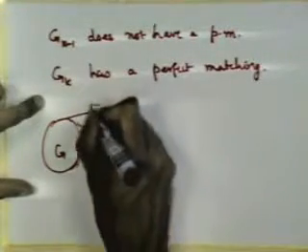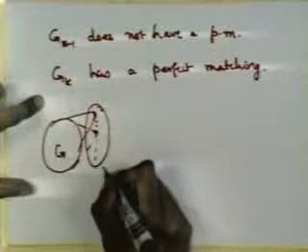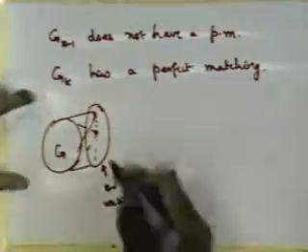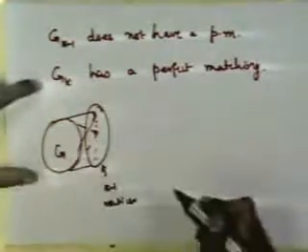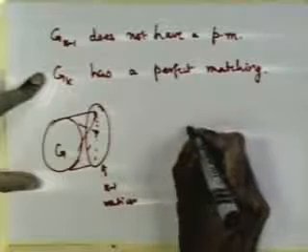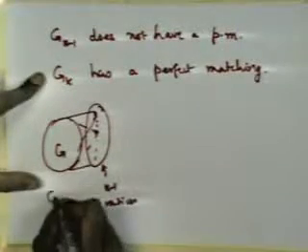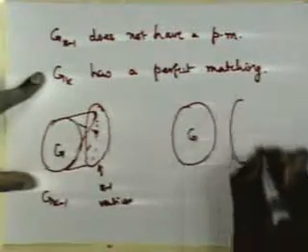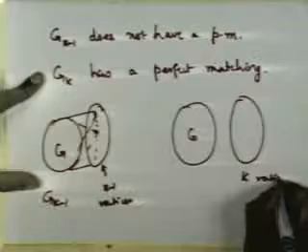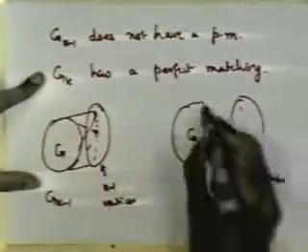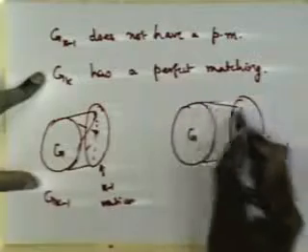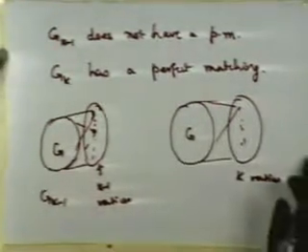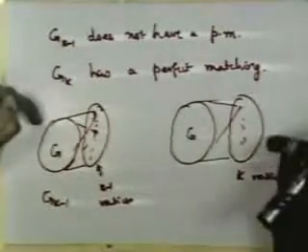So in Gk minus 1, I have k minus 1 vertices here, connected to each other and also to everything in G. Gk looks like this: I have the graph G and k vertices here, connected to each other and also to everything in G. Now this one does not have a perfect matching and this one has a perfect matching.